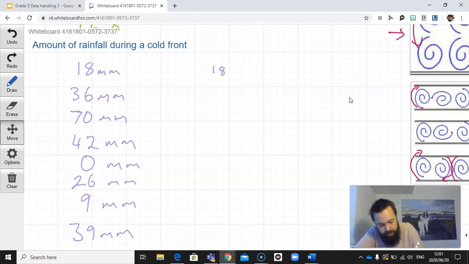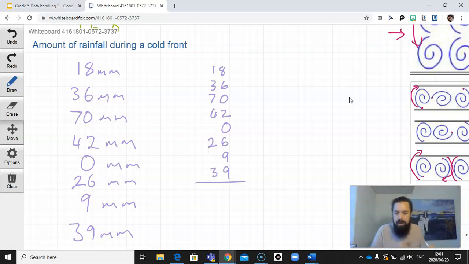So 18, 36, 70, 42, 0, 26, 9, and 39. Okay, so if you'd like to add those up, do so. So 8 plus 6 is 14, plus 2 is 16, plus 6 is 22, plus 9 is 31, plus 9 is 40.